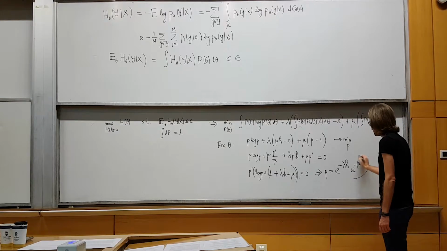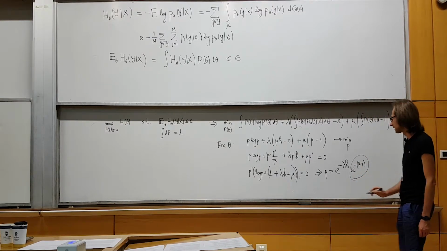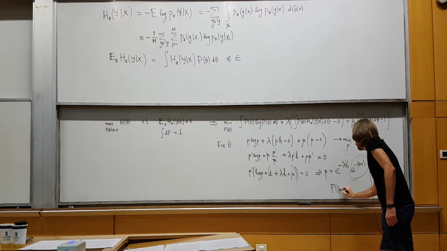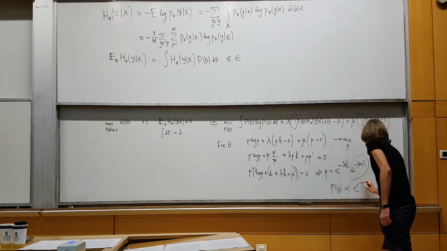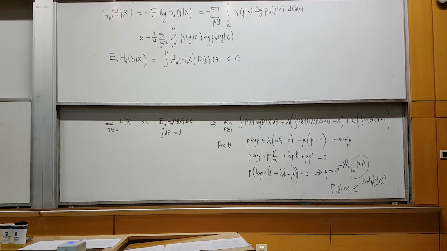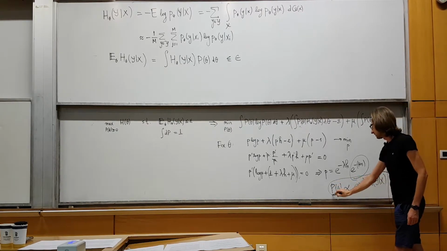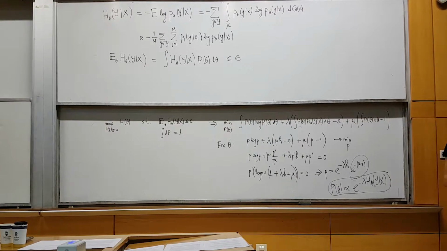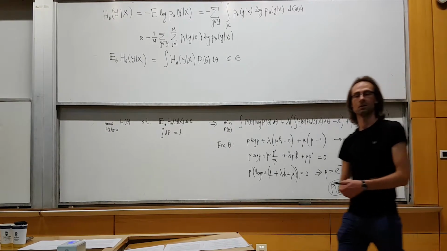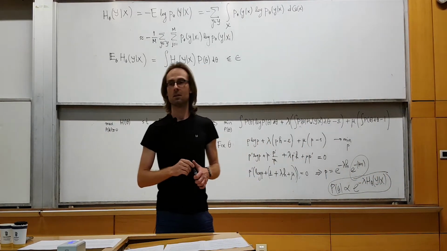So this is just a normalization constant. So basically we can say that p theta has to be proportional to e to the power minus lambda h theta y given x. Okay? So this is my prior distribution.